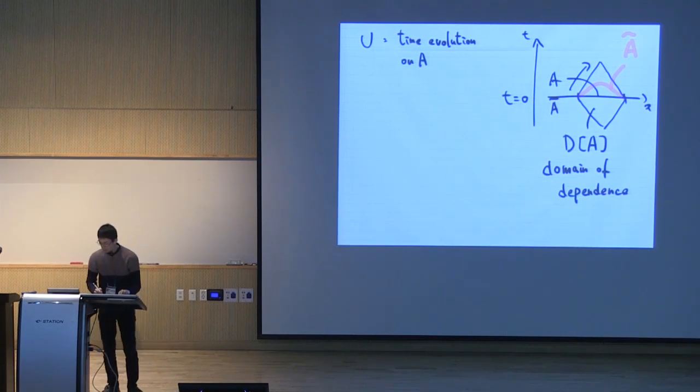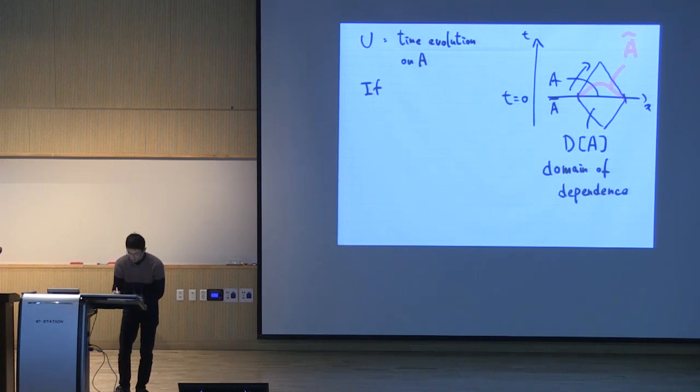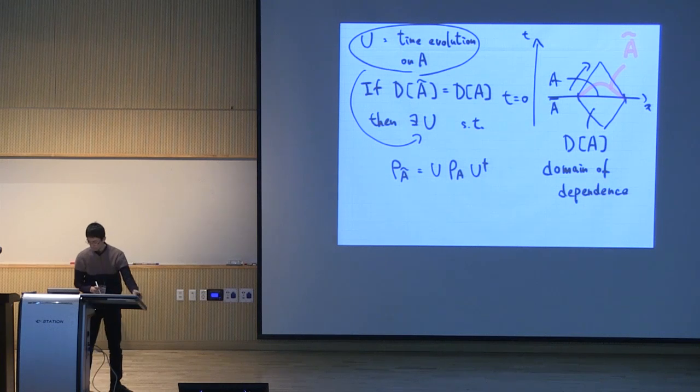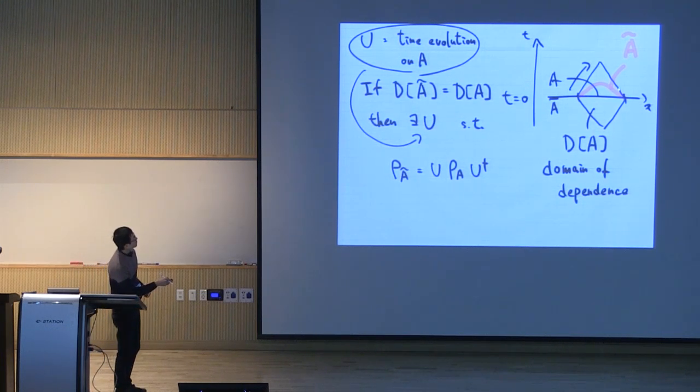Okay, so now if A tilde has the same domain of dependence as A, then there exists some unitary, some time evolution on A acting on the domain of dependence, such that rho A tilde is unitary equivalent to rho A. Because even if you choose another slice like A tilde, the domain of dependence is the same as the original one.